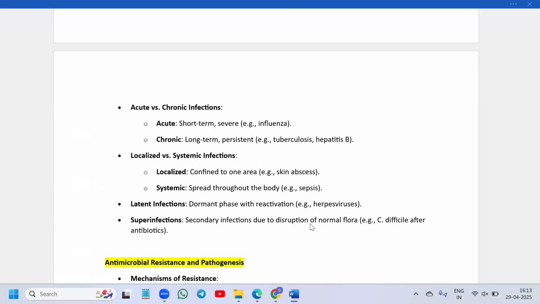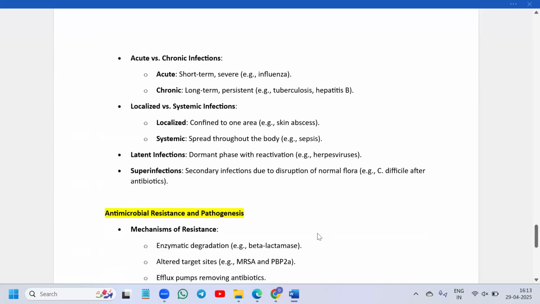But what happens is the normal gut bacteria will also die because I'm giving antibiotics. So now, because of the reduction in the normal flora, the pathogenic gut flora will start increasing, and that is Clostridium difficile. So this is a secondary infection due to disruption of your normal flora. So this is a superinfection, right?